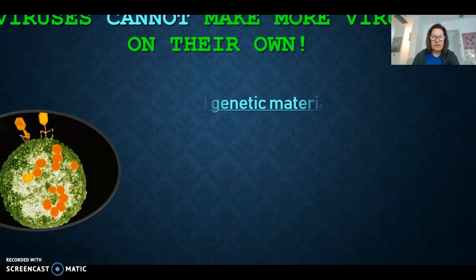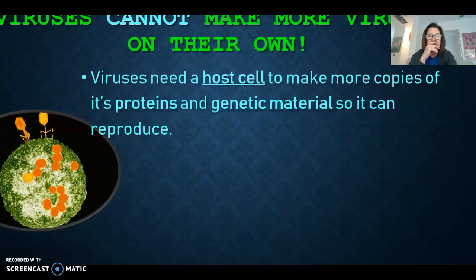Viruses cannot make baby viruses because they're not living. They need a host cell to make more copies of its proteins and DNA or RNA in order to reproduce. So this is why they're considered not living, because they cannot reproduce on their own.